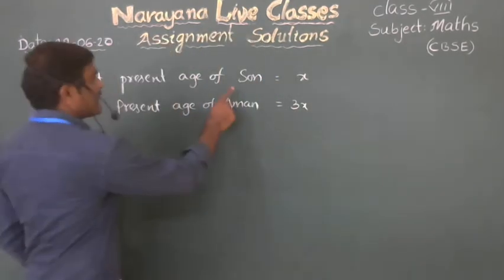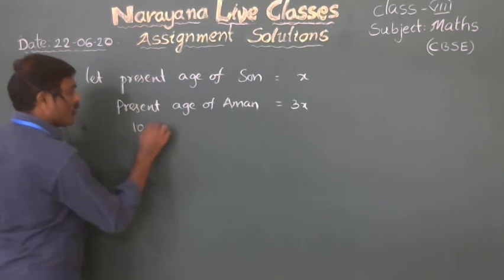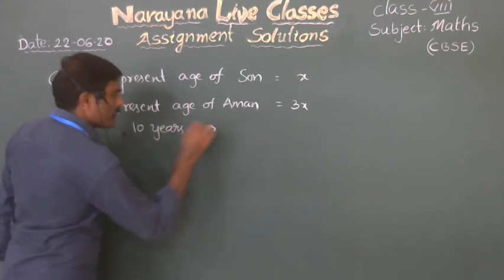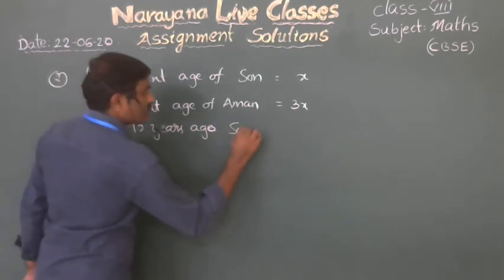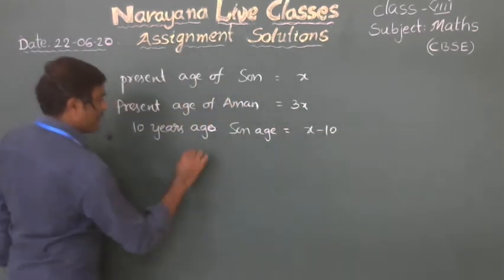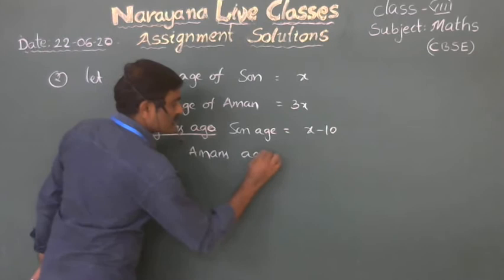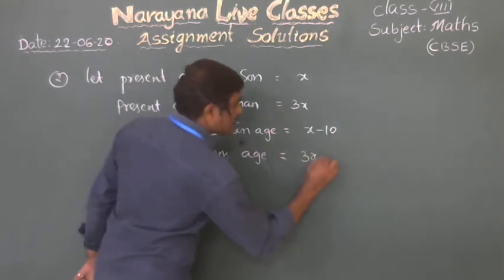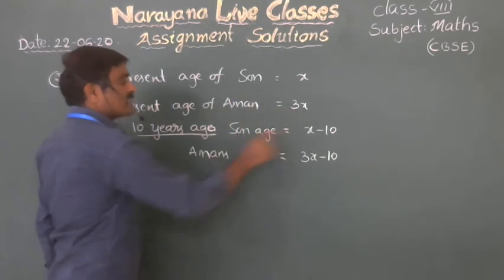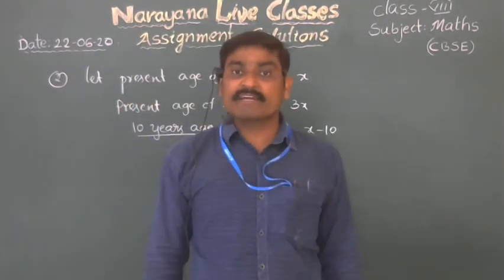So, present age of son is x. 10 years ago, son's age is x minus 10. 10 years ago, Aman's age is 3x minus 10. Present ages are x and 3x. 10 years ago, son's age x minus 10 and Aman's age 3x minus 10.